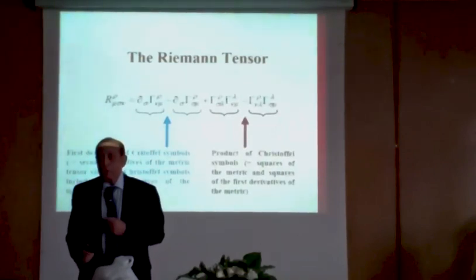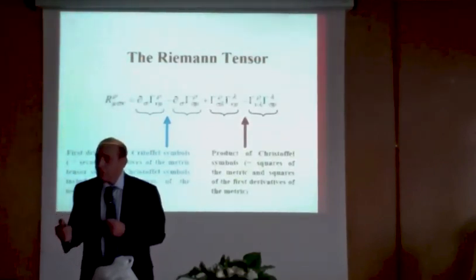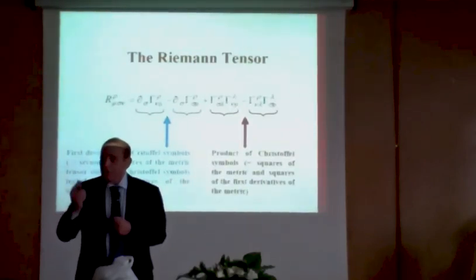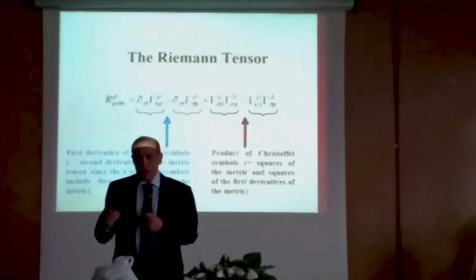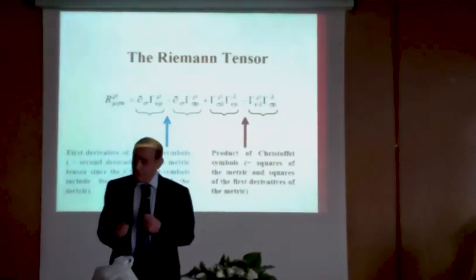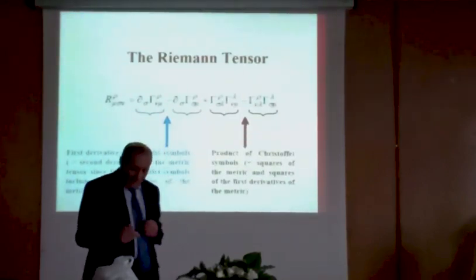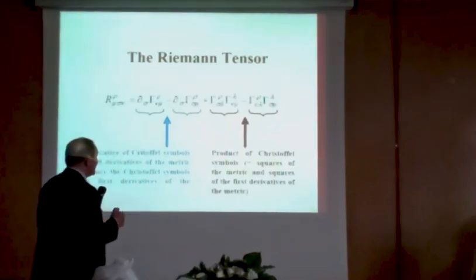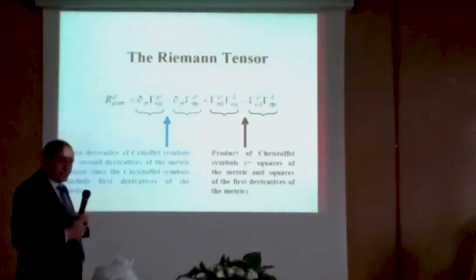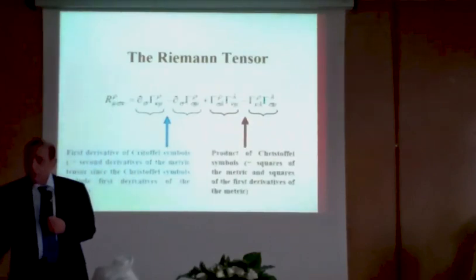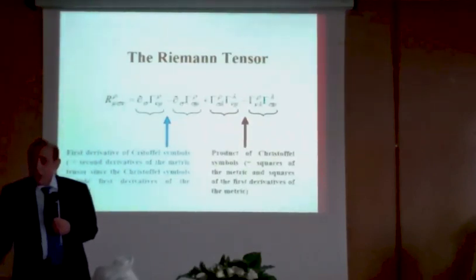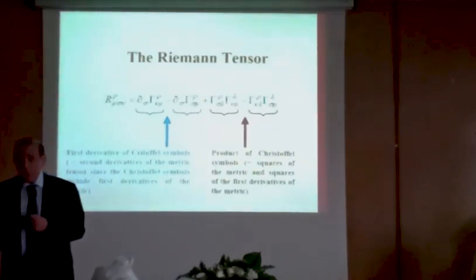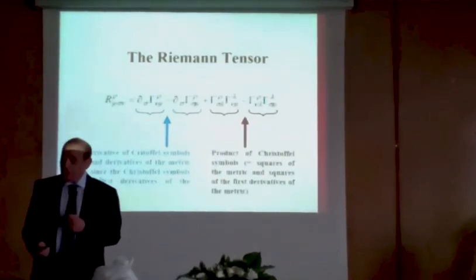And the question is, what type of mathematics do I need to implement this idea? The answer was tensor calculus. Tensor calculus is embedded in Riemannian geometry. Einstein was looking for this, and somebody told him, oh, there is tensor calculus.